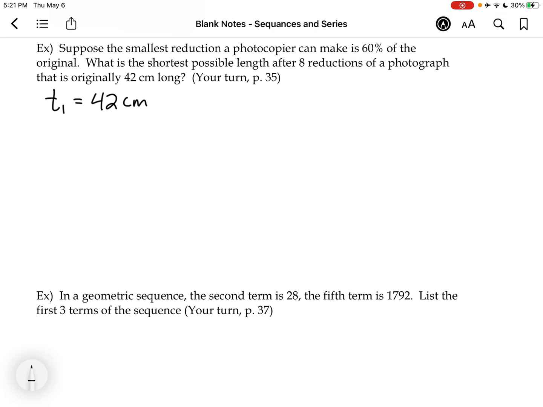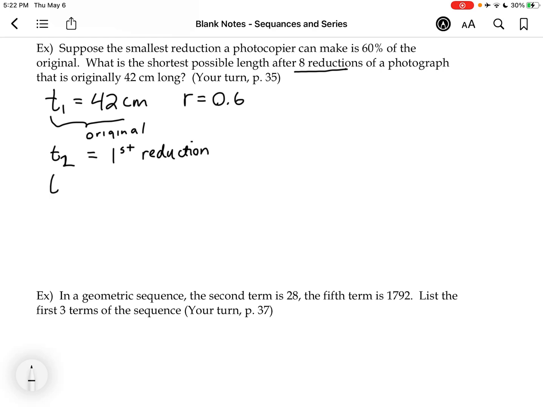And then each reduction is 60% of what it was. 60% as a decimal is 0.6. Now, the tricky part is this. With 8 reductions, the 42 centimeters hasn't been reduced at all, so this is the original. T2 is the first reduction.